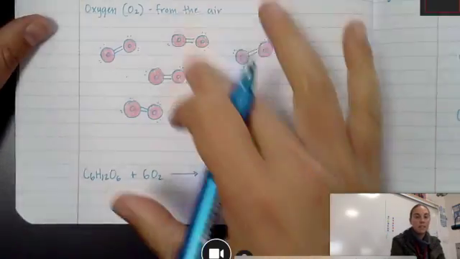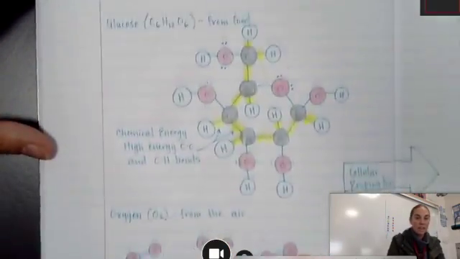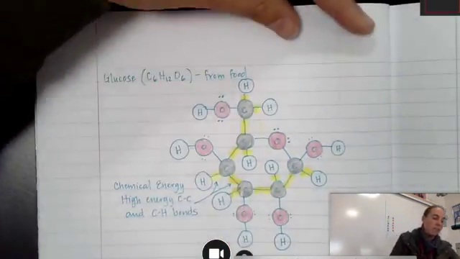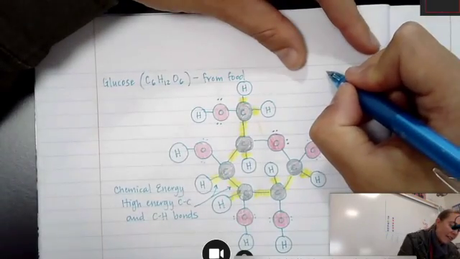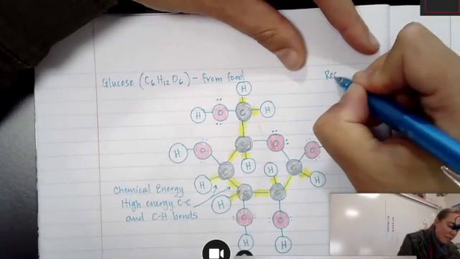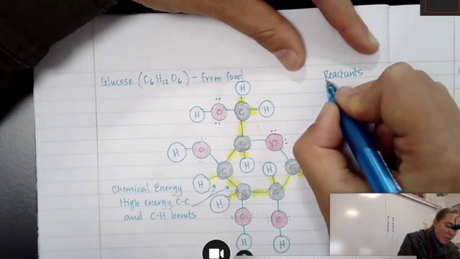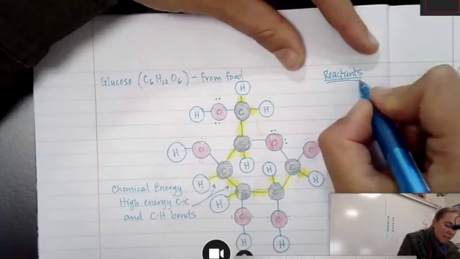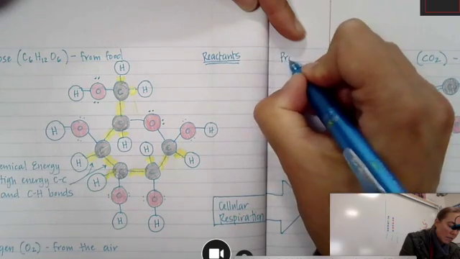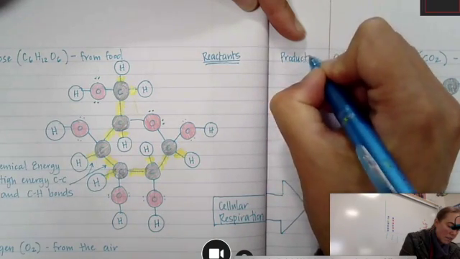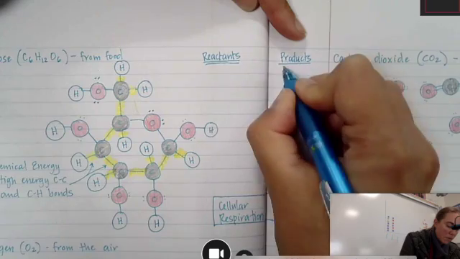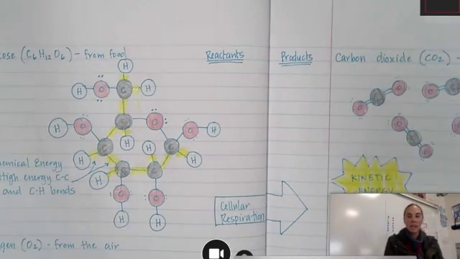Now, the things that are on this side of the equation, these are going to be our reactants. These are the things that go into the equation. And then on this other side, we have our products. Those are the things that are produced by the reaction.